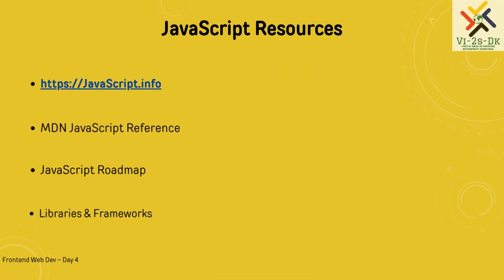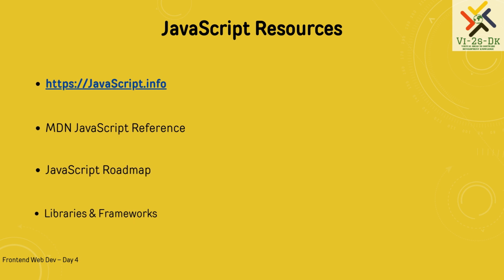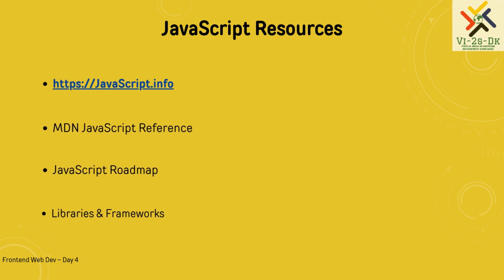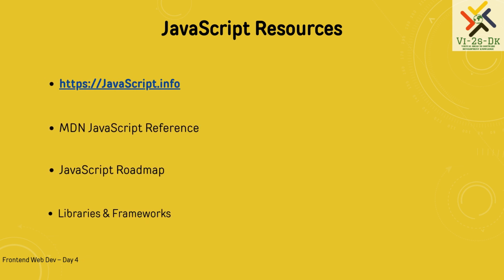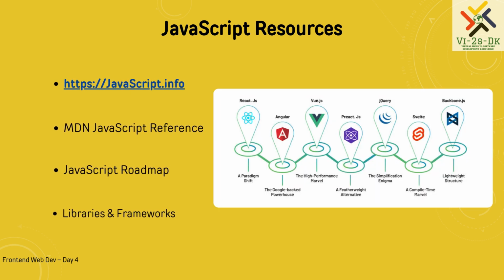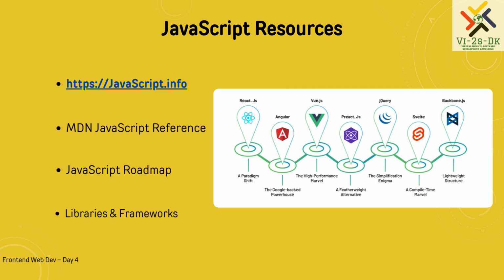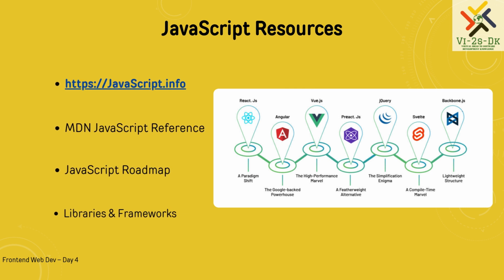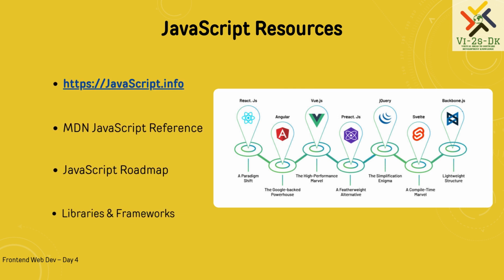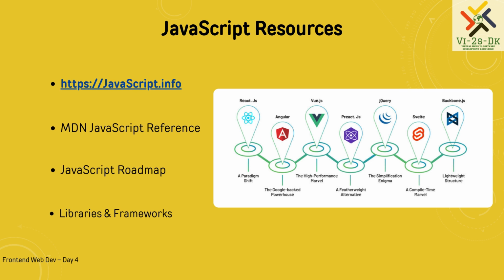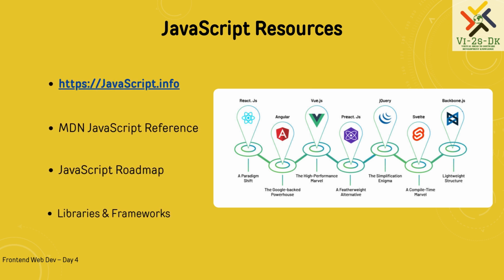Some resources out there for you: you could go to javascript.info or check out Mozilla Developer Network for some reference information, and also review the libraries like jQuery, React, and the frameworks like Angular and Svelte, which are very useful to extend your knowledge of JavaScript.